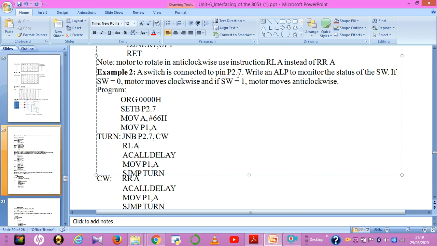The switch is connected to P2.7, that's why I am checking the 7th bit of port P2, whether it is 1 or 0. If it is 0, it is going to rotate right; it comes here depending on the label. If it is 1, it rotates anti-clockwise. That's why it is RLA. RLA is for anti-clockwise, RRA is for clockwise direction.